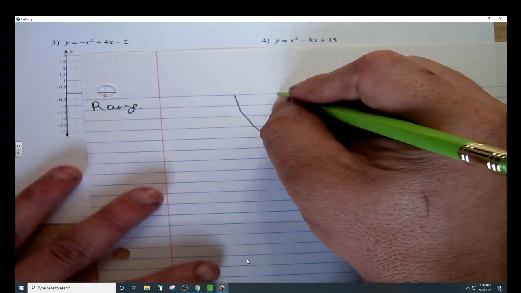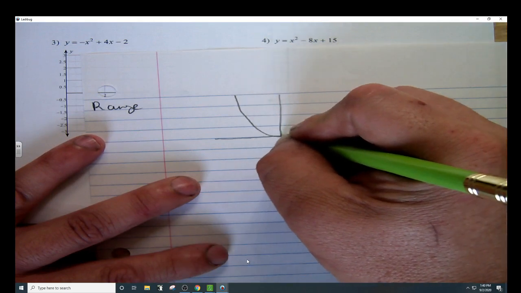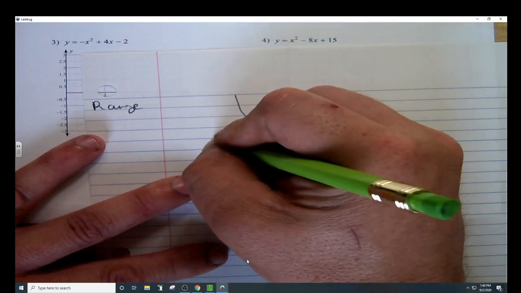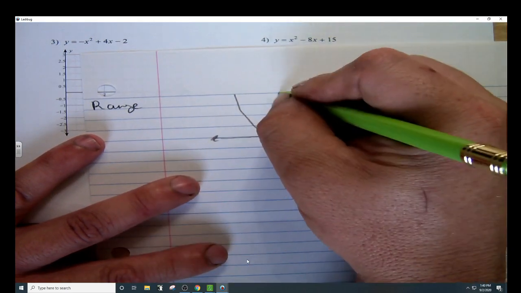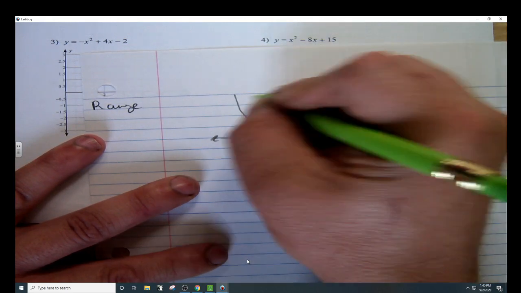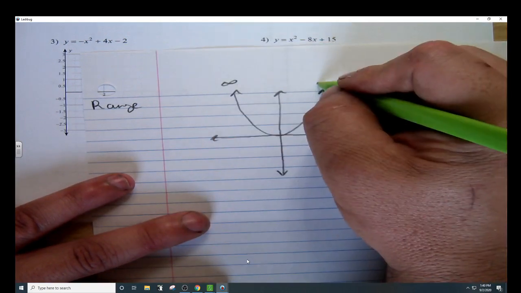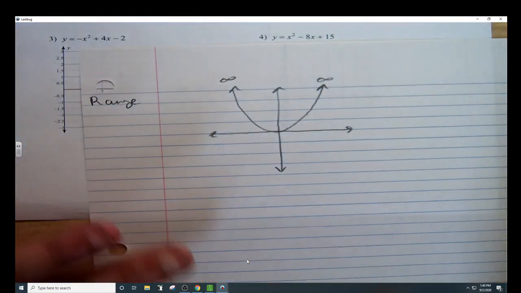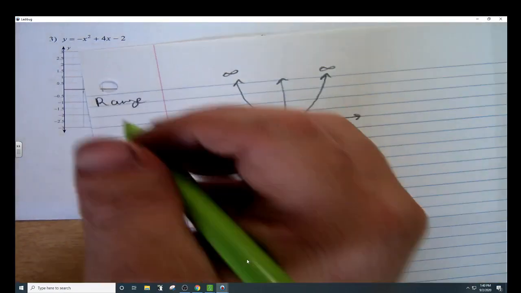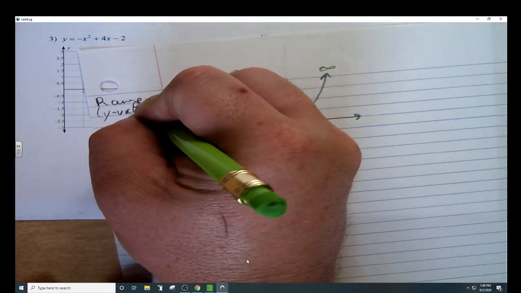Now, let's go back to the parent function again. Guys, remember, the reason I'm going back to the parent function is because it's very easy to see, but it could be any parabola, any quadratic function. Remember, all throughout this video, I talked about how it goes to positive infinity. Now, your range is simply the y values of your function.